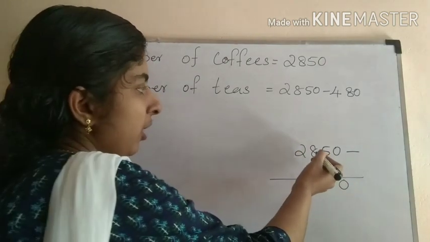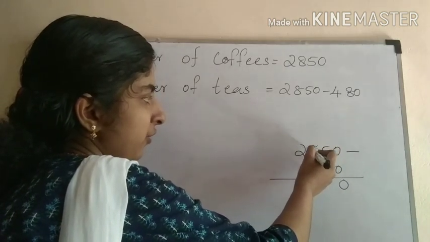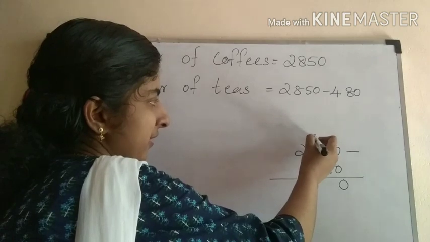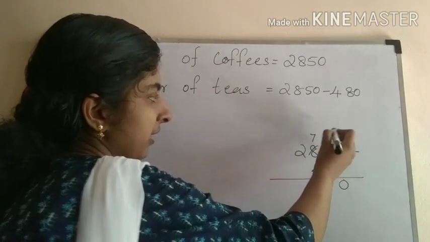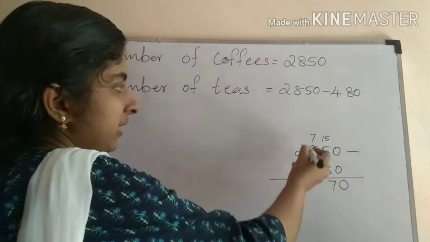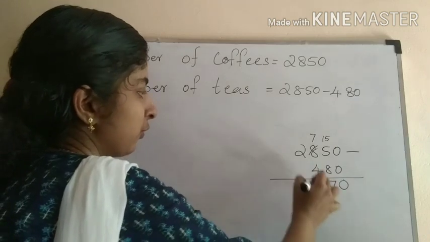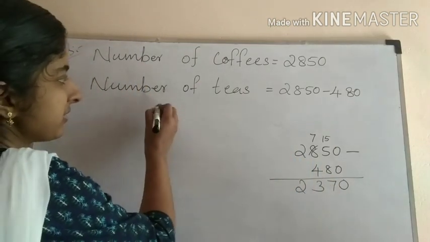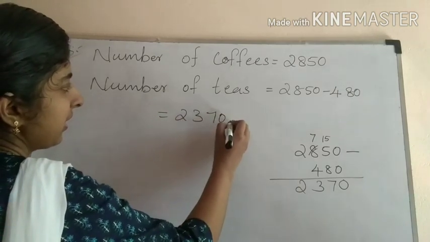No. So we take 1 from the left side, that is hundreds place. After taking 1, the hundreds place becomes 7. The tens place becomes 15. 15 minus 8, 7. 7 is the answer. Then 7 minus 4, answer is 3. Here 2. What is the answer? Number of teas is equal to 2370 cups.